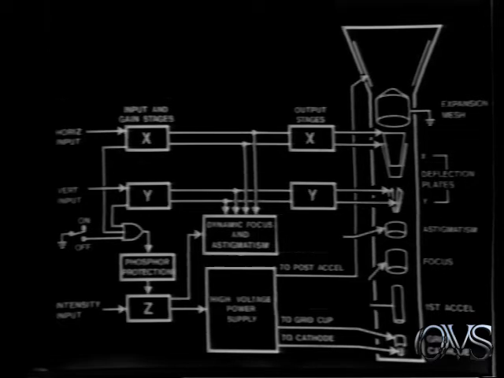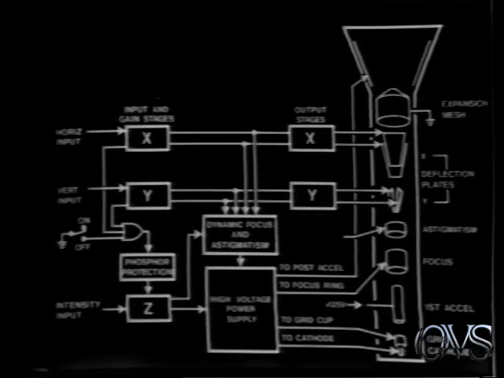The outputs are summed and then combined with the front panel focus control level and the beam current signal from the Z-axis. The dynamic focus signal is amplified and applied through the high voltage power supply to the CRT focus grid. The astigmatism circuit applies a similar signal to the astigmatism cup to keep the beam rounded.